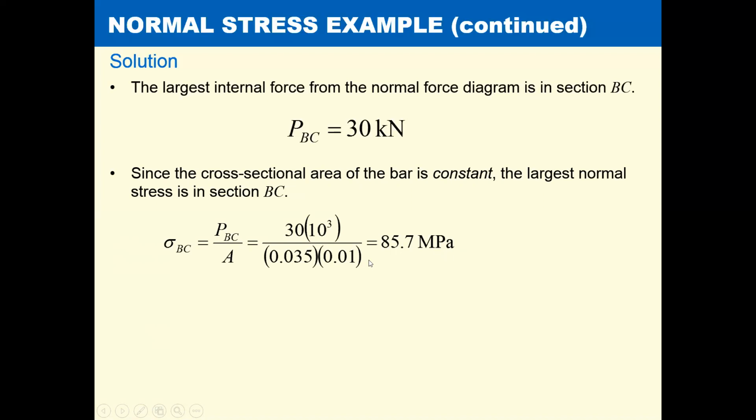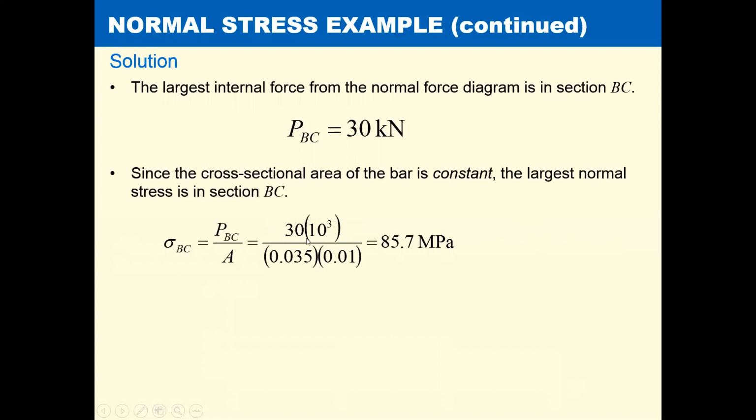So what I recommend is whenever you're working problems with SI units, to use newtons and meters in your stress formula or your deflection formula later in the course. If you use newtons and meters exclusively, so if you convert this 30 kilonewtons into newtons, that would obviously mean to multiply this by 1,000.